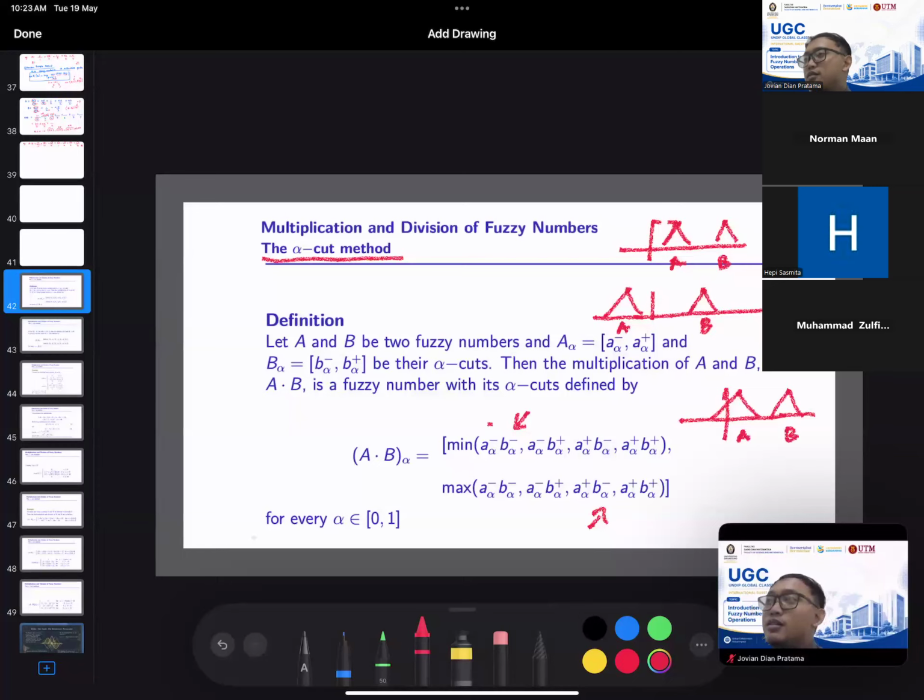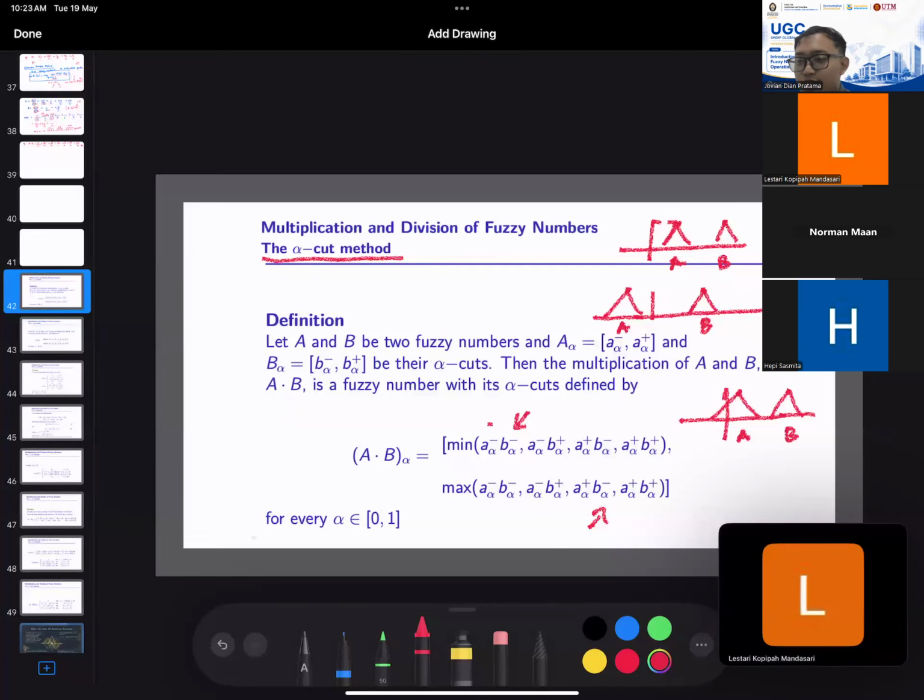When you see that your A, basically the boundary of A is actually divided into two parts. The first part is on the negative part. The second part here is actually on the positive part. So maybe this is the negative part, okay? And then you have another one, maybe this one is your positive part.